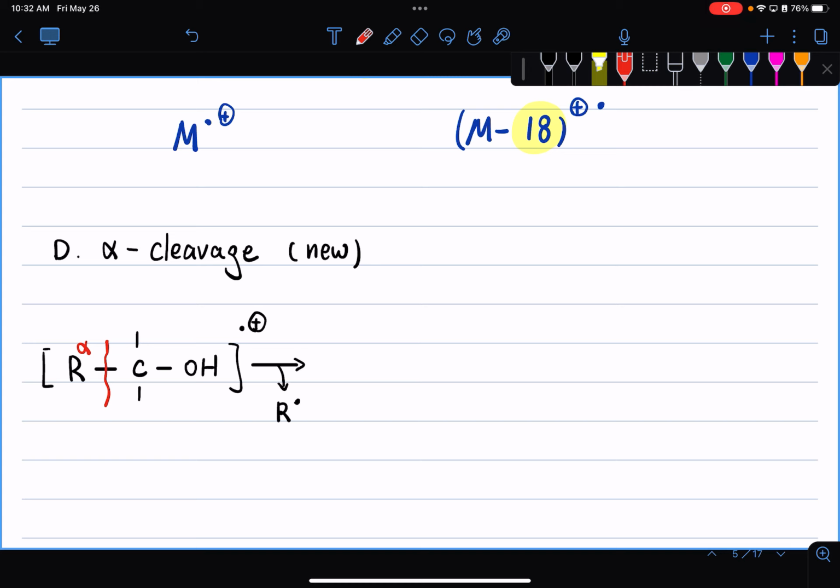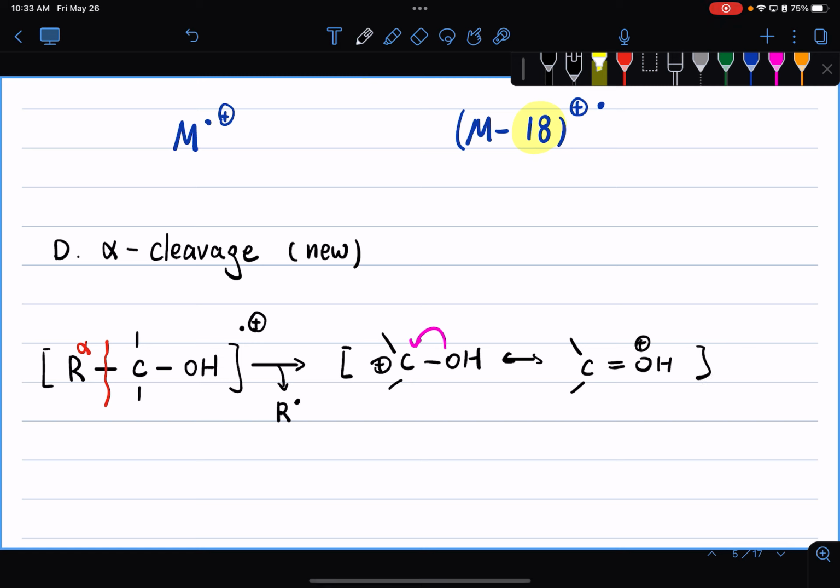By cleaving that alpha bond, we're losing an alkyl radical, or R dot. The reason alpha cleavage is pretty unique for alcohol groups is that you can form a resonance stabilization. After that alkyl group leaves, you can form a carbocation that's directly adjacent to an OH group. And obviously, we can draw a resonance structure in this case to put the positive charge on the oxygen.